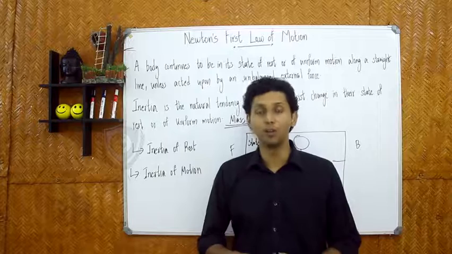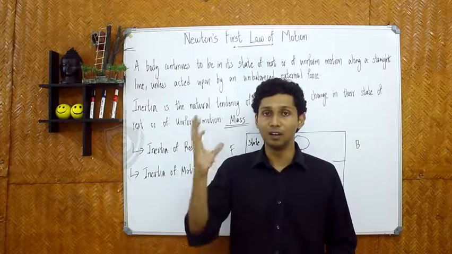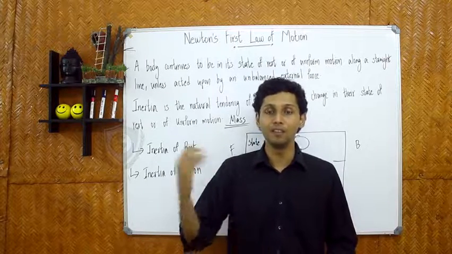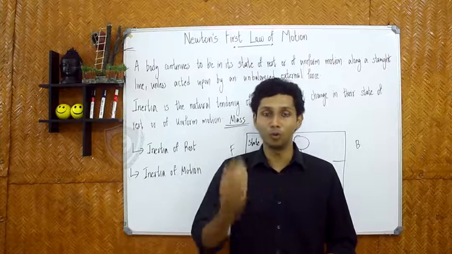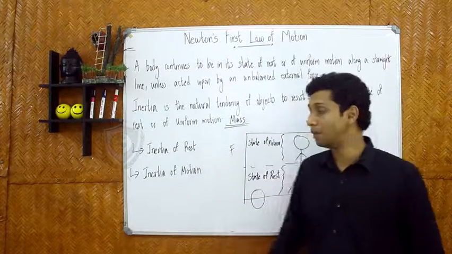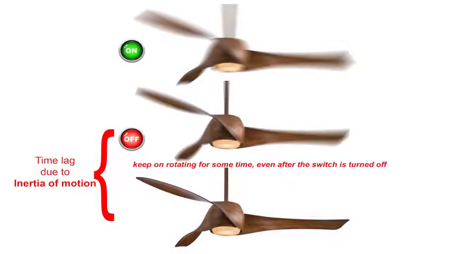And we have seen one more example. We know that even if the power is switched off, the leaves of the fan are not brought to the state of rest immediately, but instead they continue to rotate for some more time. That was also happening due to the effect of what? Inertia of motion. When the power was there, the leaves of the fan were in the state of motion.